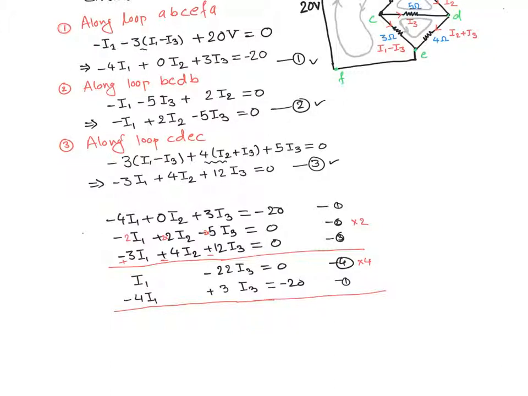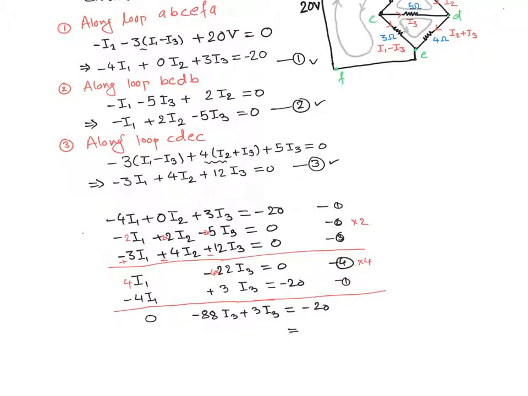If we multiply by 4, this becomes 4 I sub 1 positive, 4 I sub 1 negative, this becomes 0. Here we have 22 times 4 I sub 3, which is negative 88 I sub 3, plus positive 3 I sub 3, which equals negative 20.